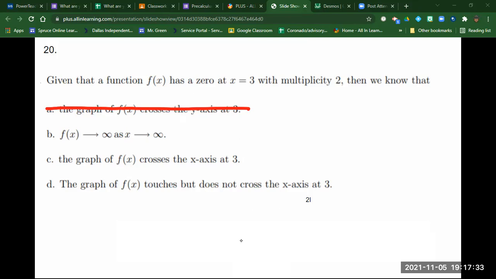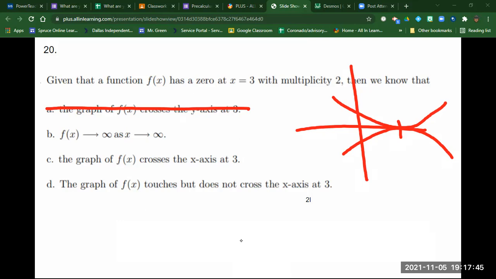All right. By the way, what does this look like here? We got a function that means it's going to bounce at 3, either that way or that way. That's what it tells you. So we don't know. F of x approaches infinity as x goes to infinity. That's true there, but it's not true there.